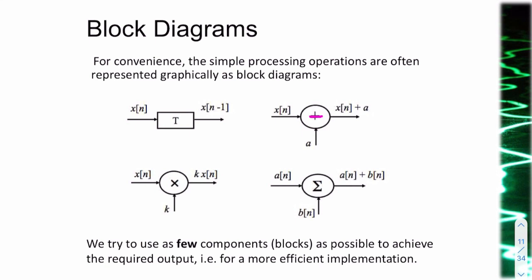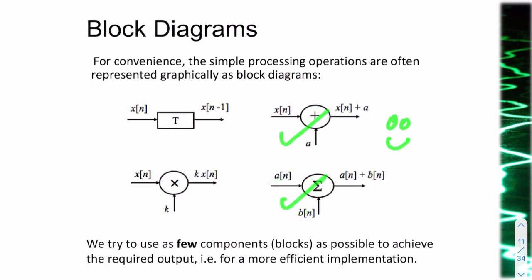But if you were to put a minus sign there, it really would be confusing. You wouldn't know if it's this minus this or the other way around. So the convention is always to have a plus in here or a summation. And strictly speaking, if you're adding two signals, you put summation, then you're adding the two signals. If you're adding a constant, you put a plus. But I'm happy either way.